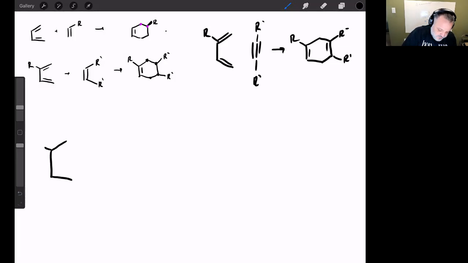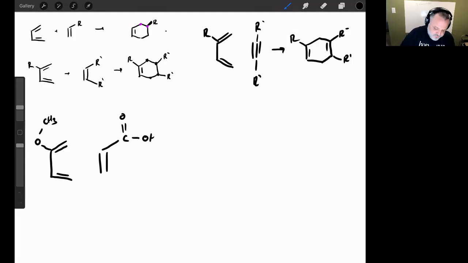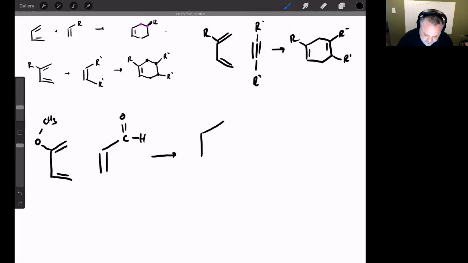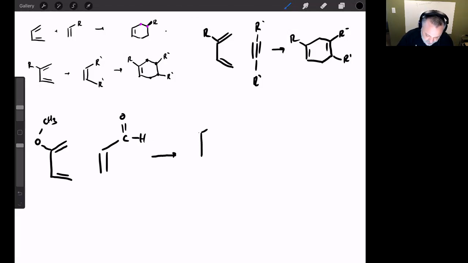Let's take a look at this one as an example. Let's make this one an ether. And let's make the dienophile unsymmetrical as well. Make it a carboxyl. Actually, I'm just going to make it an aldehyde so I don't have to draw as much. So now there are two possibilities for the regioselective outcome. One regioselective outcome is where the two groups are close together.